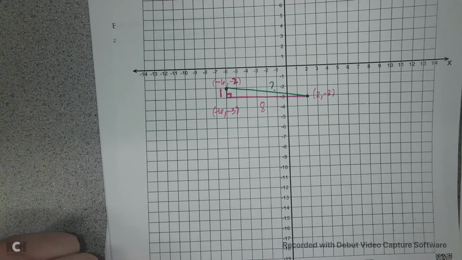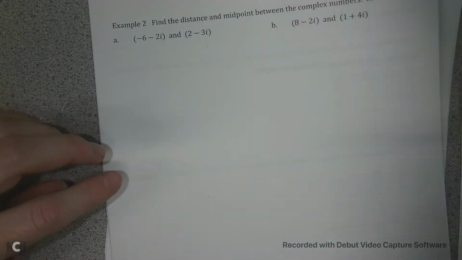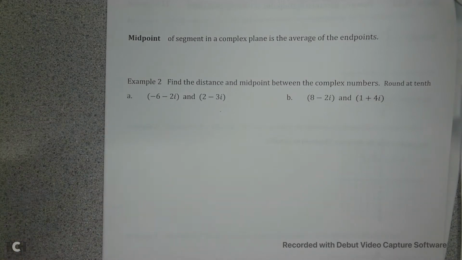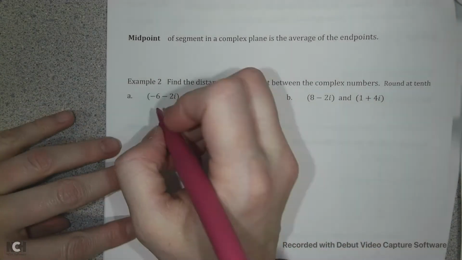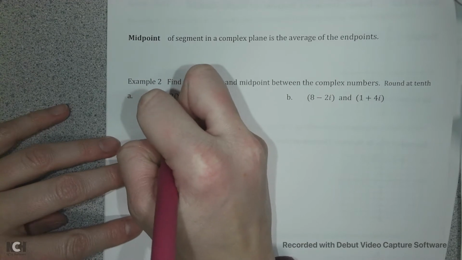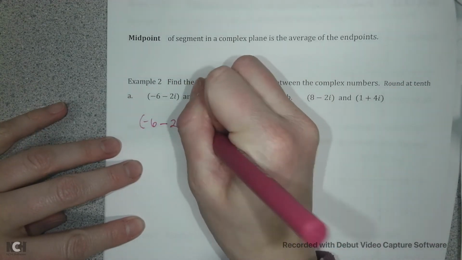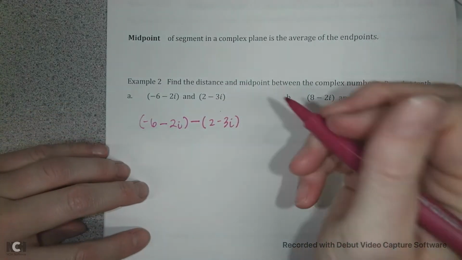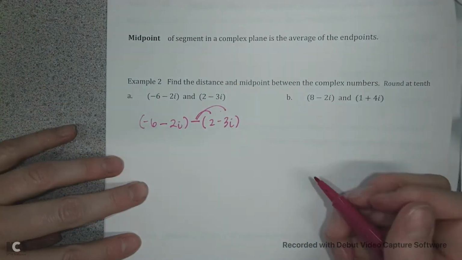So in order to figure out distance, we have to use subtraction, but again, we don't have a picture. So this is what you do: you subtract your reals and you subtract your imaginaries. In order to remember that, I'm going to put them next to each other with a subtraction sign in between. Then I need to distribute this negative.